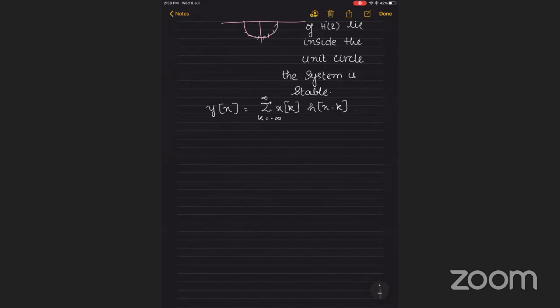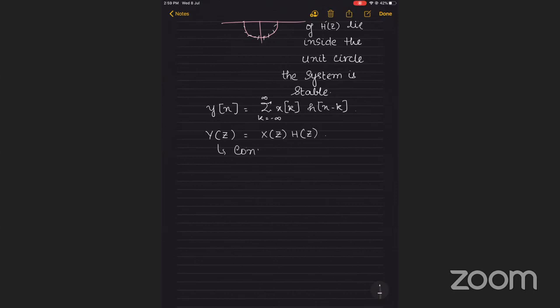But we have an easy way to look at it. If you take the transform, the convolution of two functions is equal to polynomial multiplication of the transforms. Is that right?